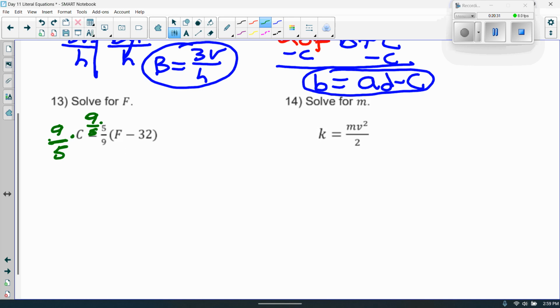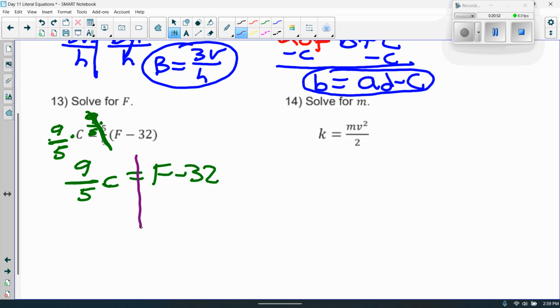Come on. This marker's starting to run out. So that cancels out. You're left with 9/5 C is equal to F minus 32. Okay. Now we're almost done. Is F by itself yet?